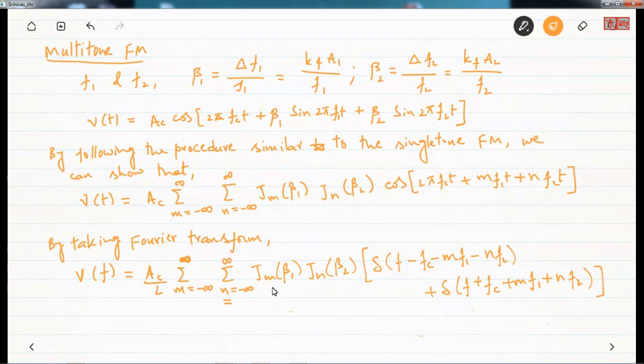So now m is non-zero, and n is also non-zero, and you have delta of f minus fc plus or minus mf1 plus or minus nf2. So the last point is clear from this.